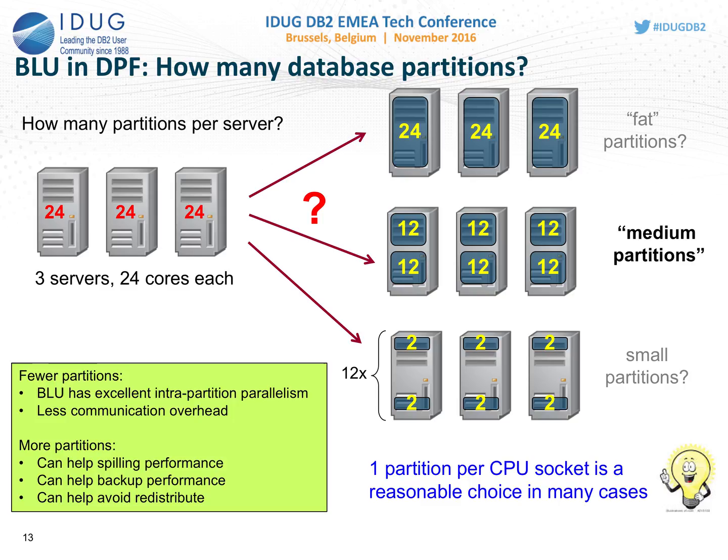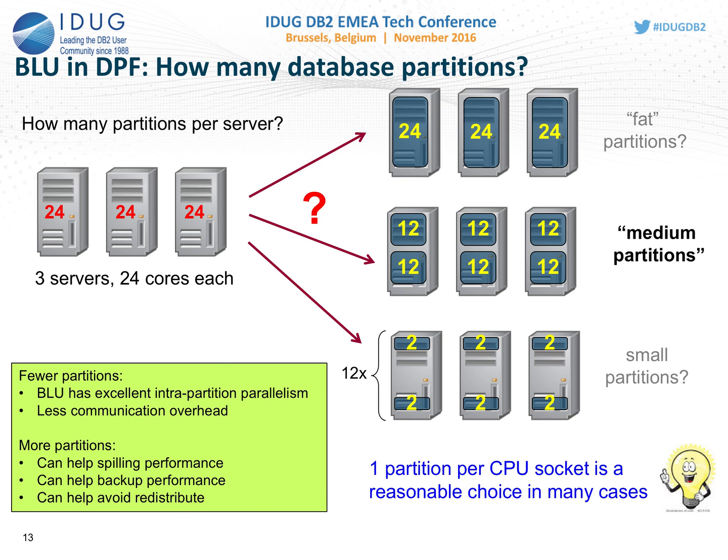Again, if you have an existing system where you have a larger number of smaller partitions, you can still use BLU, right? It will work, you will see performance benefits, but if you're building a new system, then you may want to take these things into account.